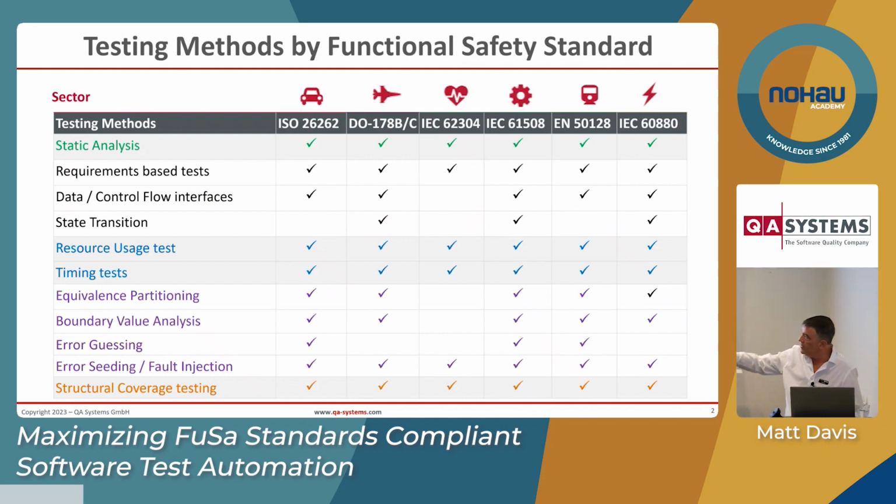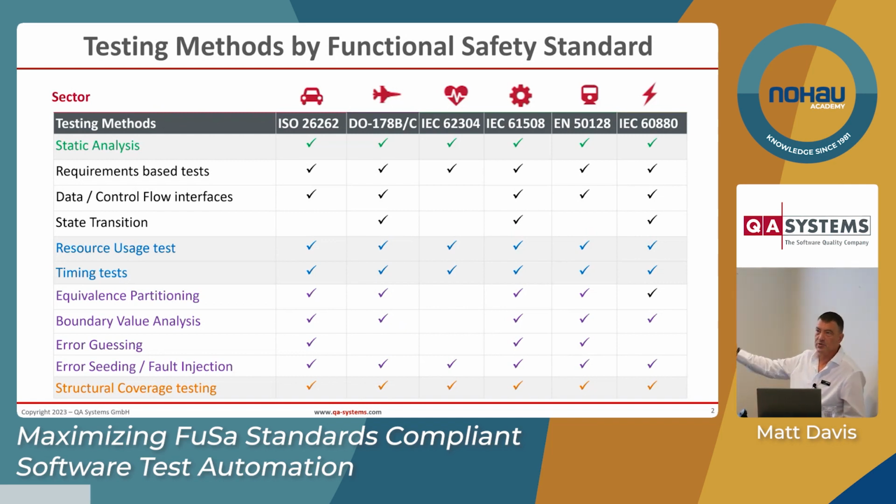Methodologies. Testing methods mirror the colors that I used on the previous slide. Static analysis is recommended by all of them, as are requirements-based testing, the various other types of testing for things like ISO 26262 for the automotive, those blue ones you can see, resource usage test and timing tests, sometimes called different things in different standards, but that's the same thing.